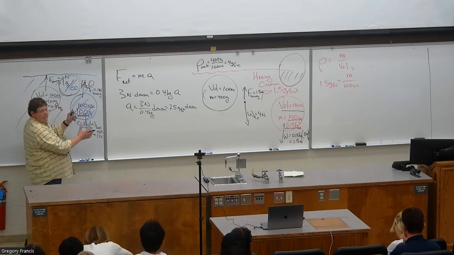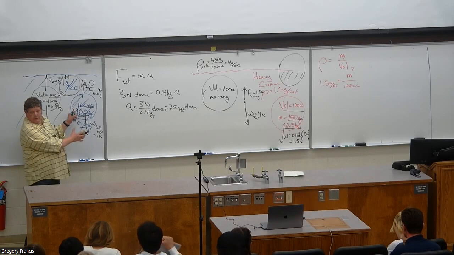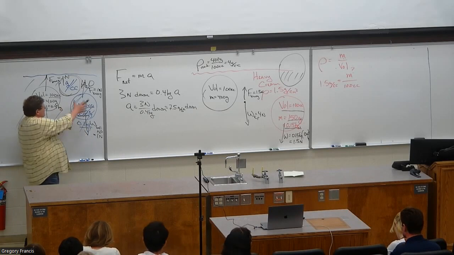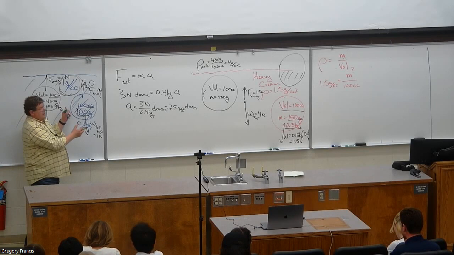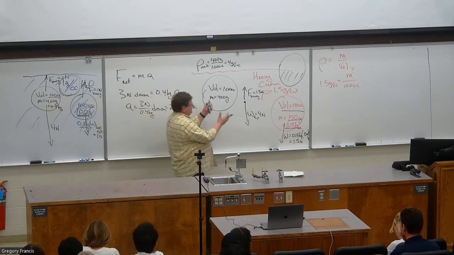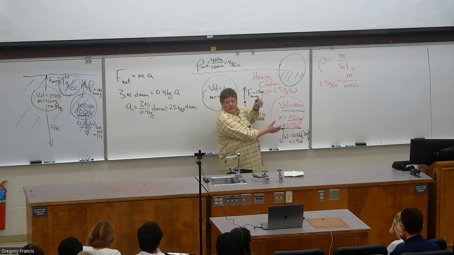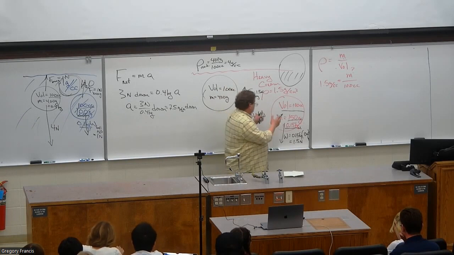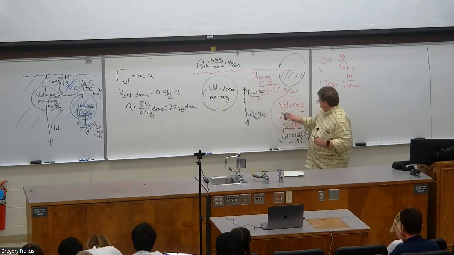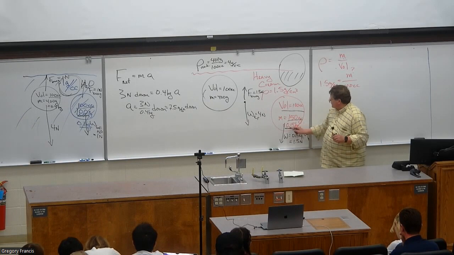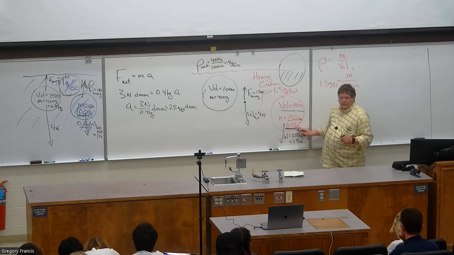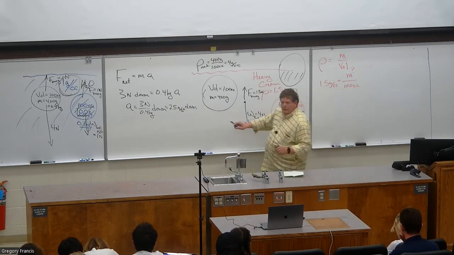And then you find from that the mass of the liquid with the density equation. With water, it's really easy because it's 1 for 1. With heavy cream, it's not so easy. It's 1.5 for 1. And so ultimately, in both cases, I was looking for the mass of liquid displaced. It was just easier with water.